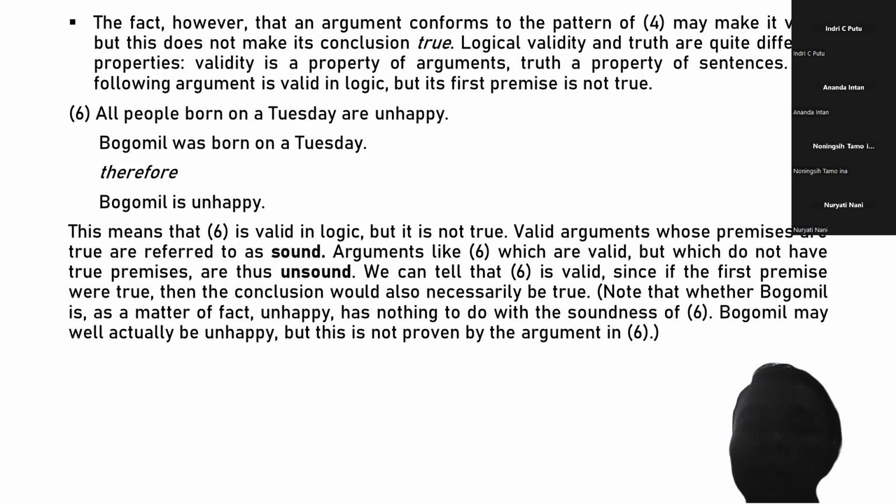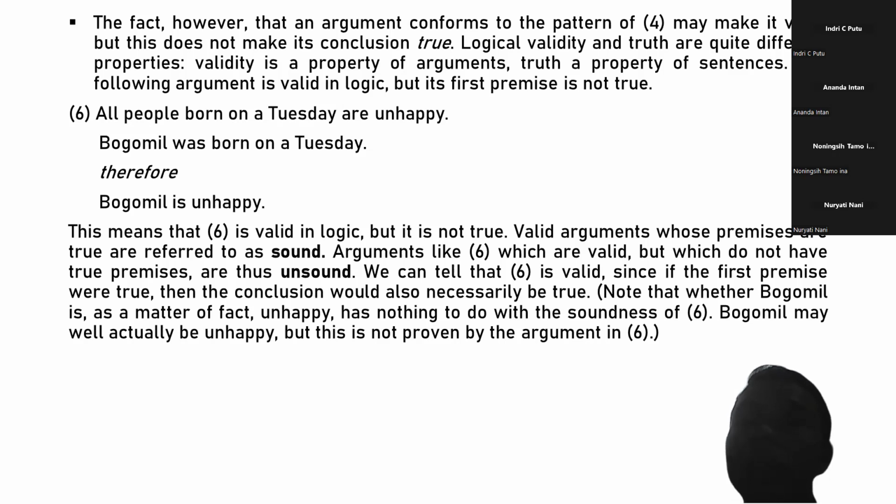The fact that an argument conforms to the pattern of 4 may make it valid, but this does not make its conclusion true. Although it is valid, its conclusion may not be true. Logical validity and truth are quite different properties.